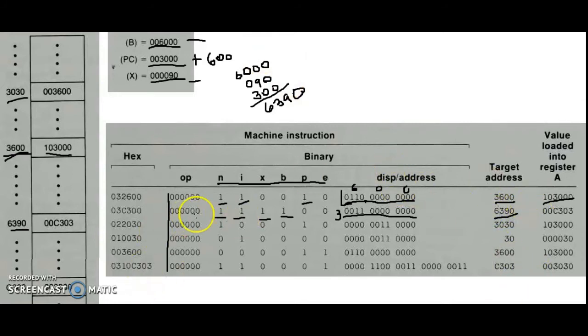So from memory, in the 6390 location, you get the value 00C303, which will be stored into the required register.